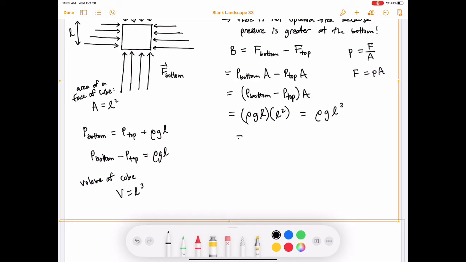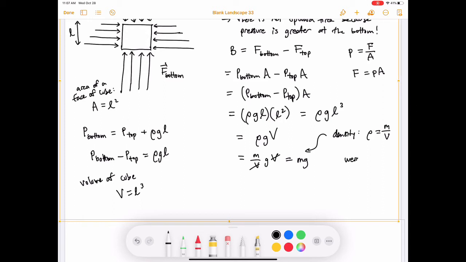Okay, so here's what we have. We have rho times g times V now. So next, if we remember the definition of density, which is rho equaling mass over volume, we can put that in here. So we have mass over volume times g times V, which gives us simply mg.